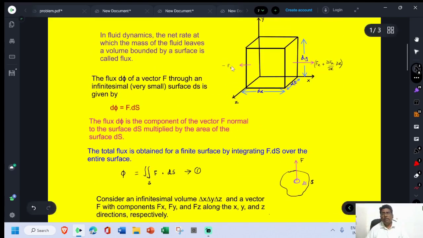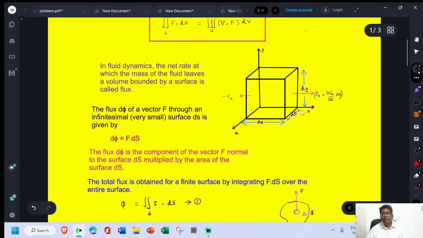Now consider this diagram. X, Y, Z. Assume that f is the vector. The component of f along the x direction is fx, along the y direction is fy, and along the z direction is fz.